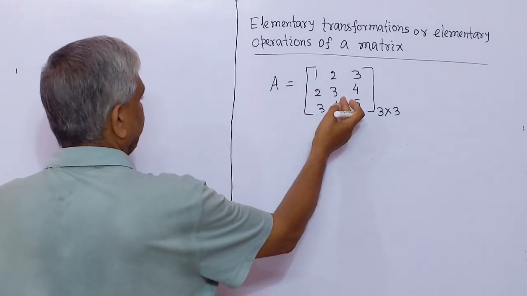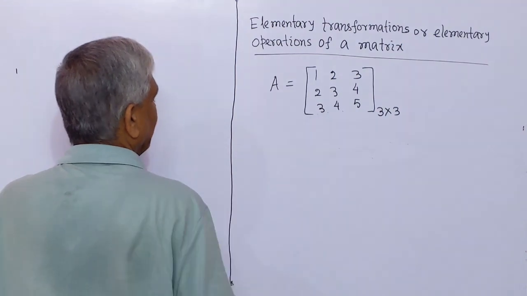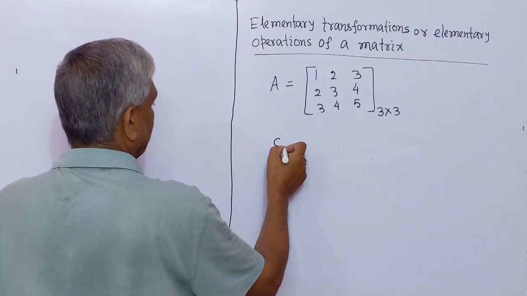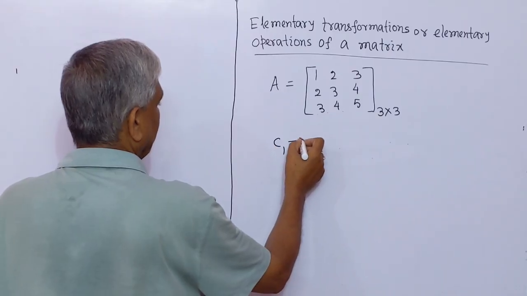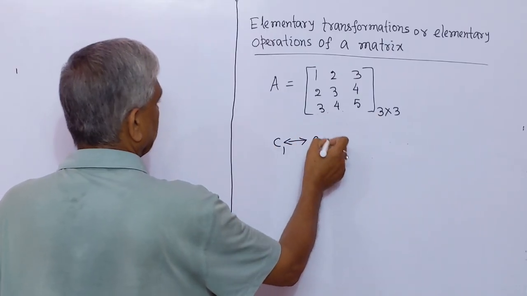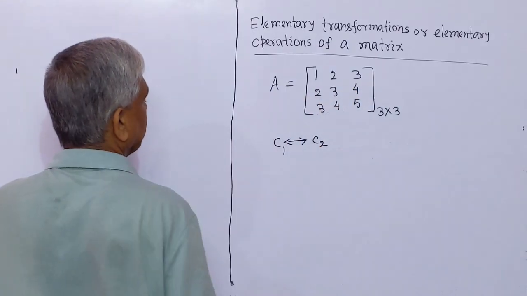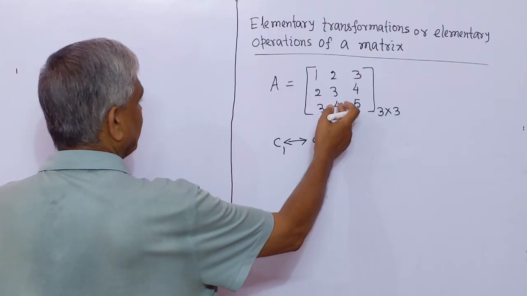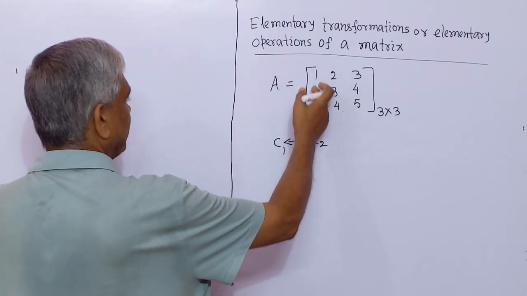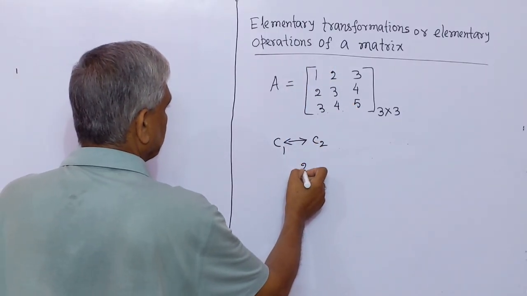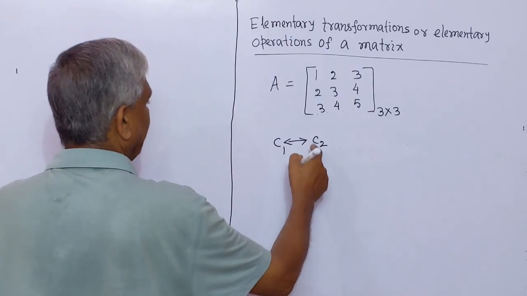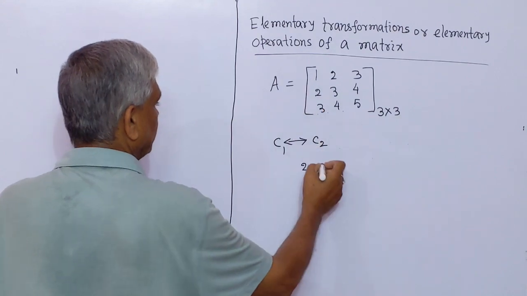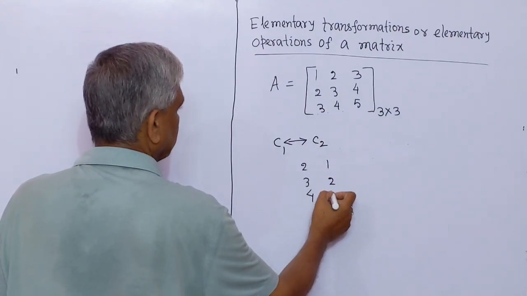Now we mutually interchange the first column and the second column. This will be denoted by C1 and C2. Column change means the elements of the second column will be written in the position of the first column, 2, 3, 4, and in the position of the second column we write the elements of the first column, 1, 2, 3.